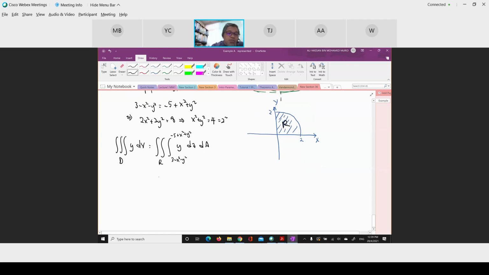Integrating with respect to z, we have z between the lower limit 3 minus x squared minus y squared and the upper limit minus 5 plus x squared plus y squared, dA.